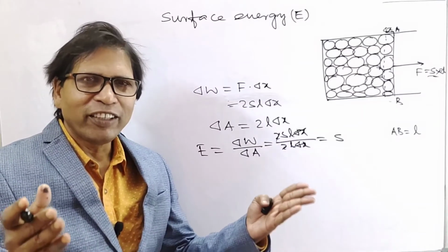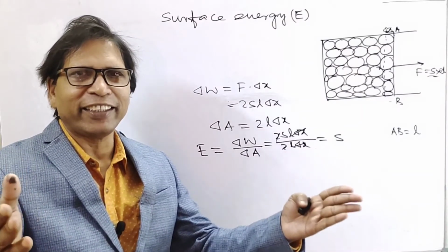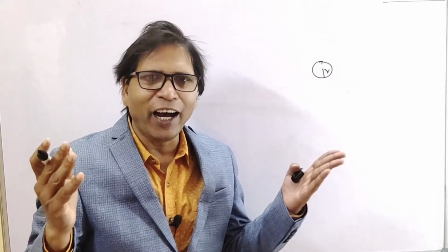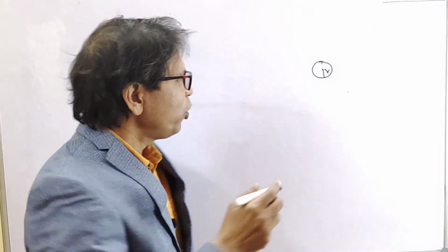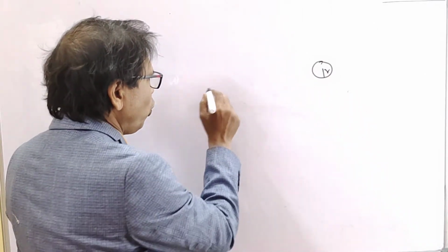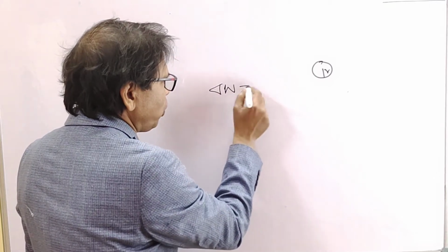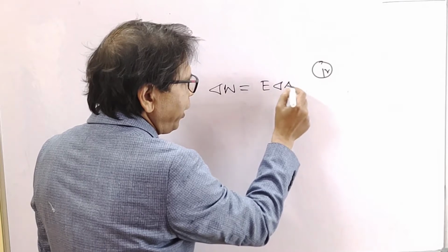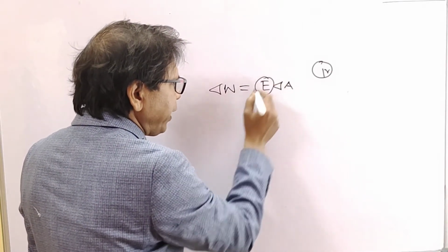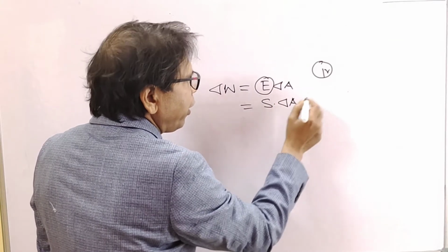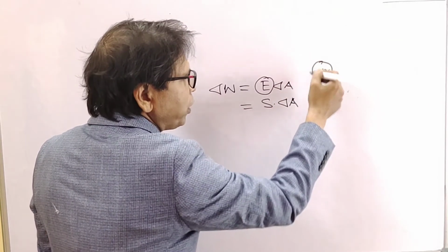Now some important relations about surface tension. The amount of work done to form a bubble of radius r. We know work done delta W is equal to surface energy E into delta A. Now we know surface energy is equal to surface tension, so S into delta A. Now what is delta A of this bubble?